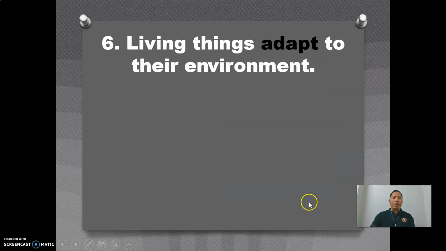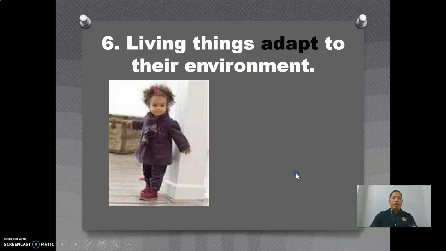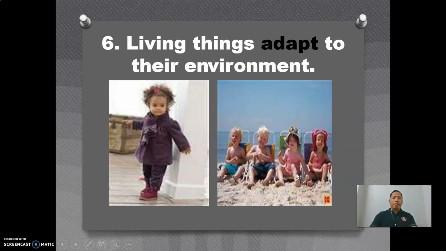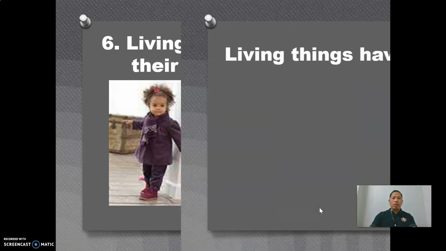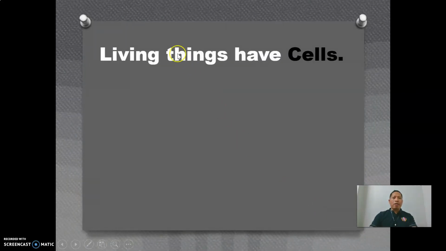Okay, next one. Living things can adapt to their environment. It means that living things can make friends. Next slide please. Living things have cells.